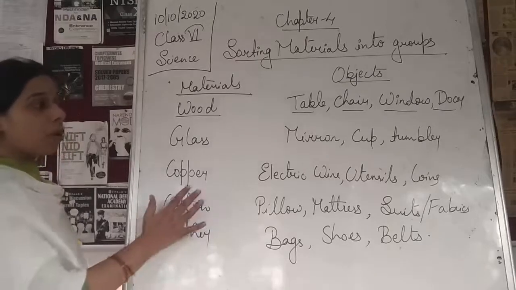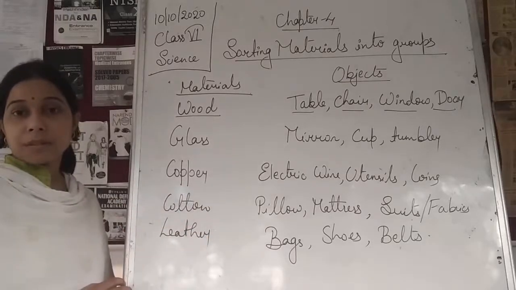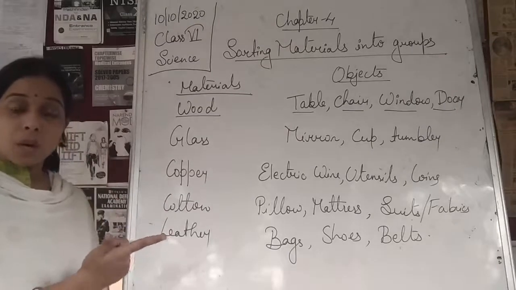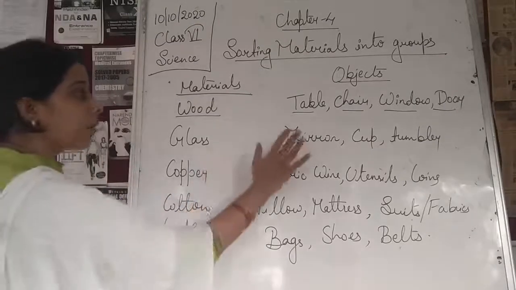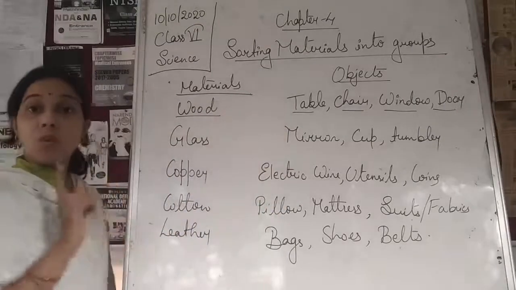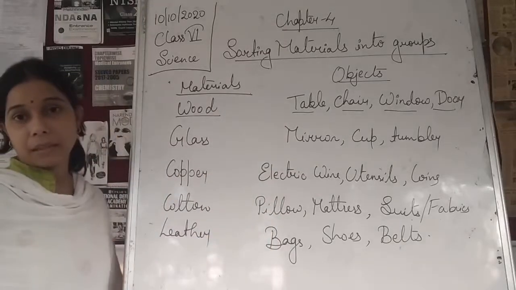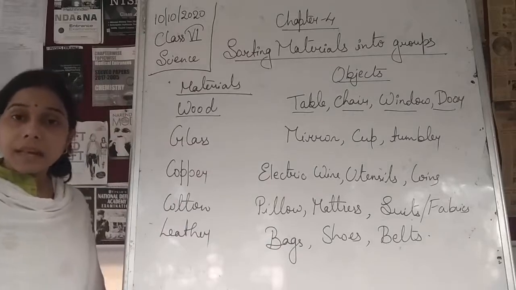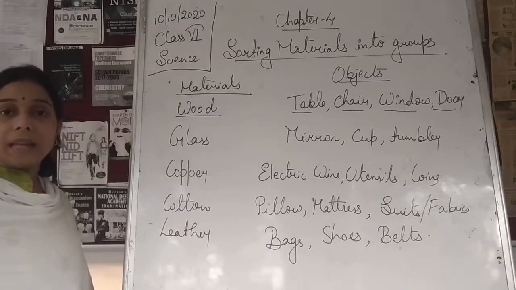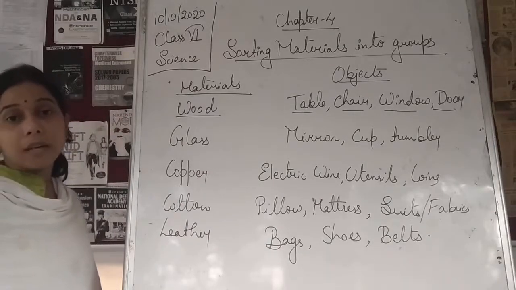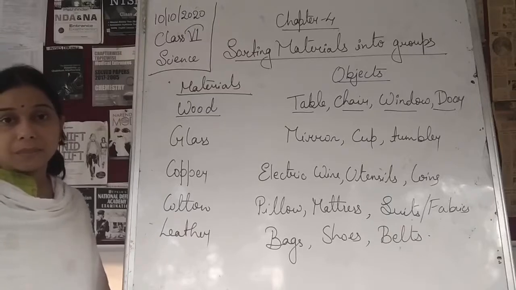So by this, what conclusion do you get, students? In the earlier one, what we had discussed, we took one object which is made up of more than one type of material, and we said that the same object can be made up of more than one type of material.